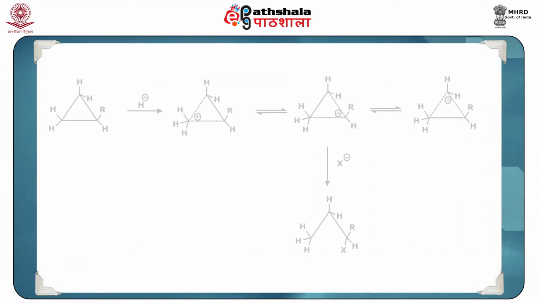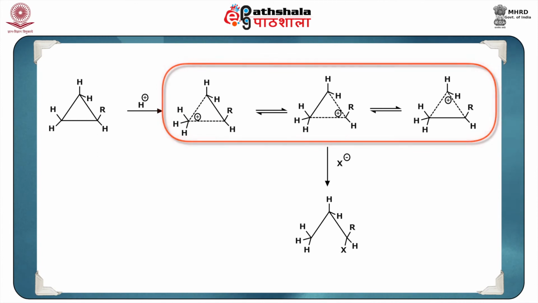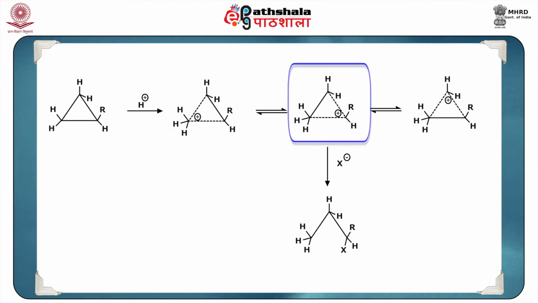So this suggests that the mechanism comprises an initial attack by an electrophile, for example H plus, on the ring carbon with the most hydrogens, generating a positive charge on a carbon as a carbocation. This positive charge may then be transferred to the other carbon of the ring via rearrangement, and the most favorable intermediate would be the one in which the positive charge is on the most substituted carbon, that is the most stable carbocation.